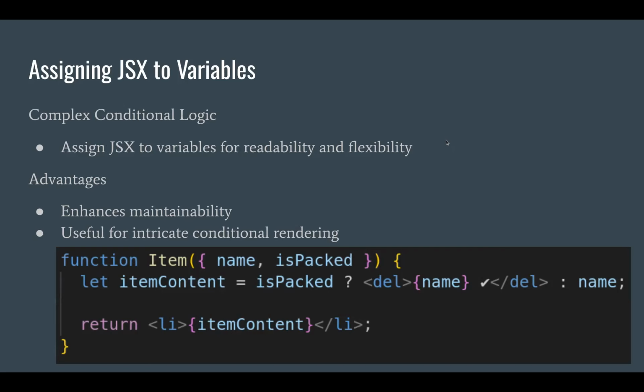This approach is particularly useful when the conditional rendering logic gets too cumbersome for inline expressions. You can see this example. We are assigning this ternary operator into itemContent, and we're displaying itemContent.